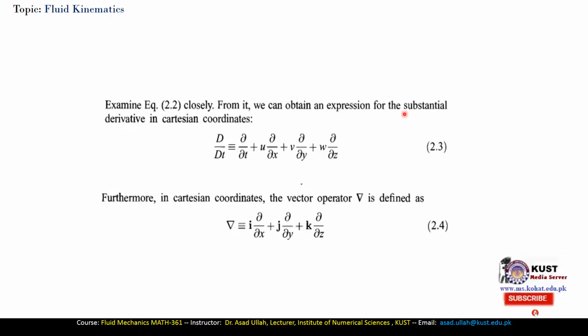Here, the word substantial derivative is used for the material derivative because the material derivative is also called substantial derivative, total derivative, or Stokes derivative. Now, further in Cartesian coordinates, the vector operator nabla can also be written in the form of equation 2.4.